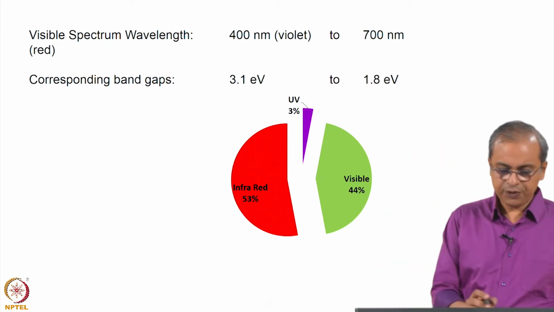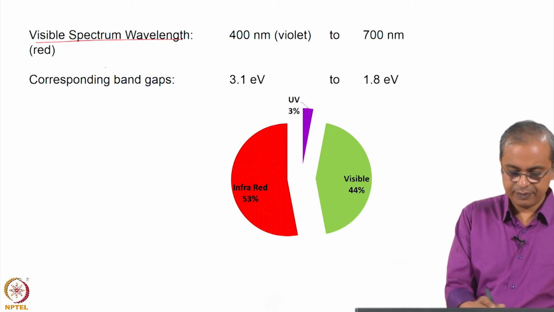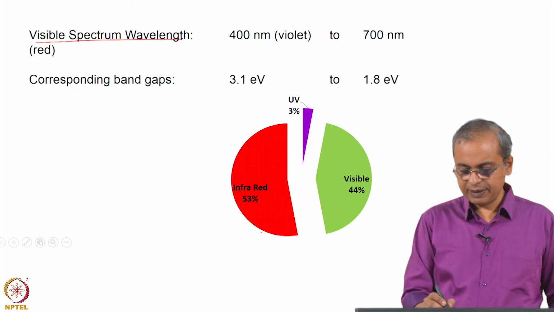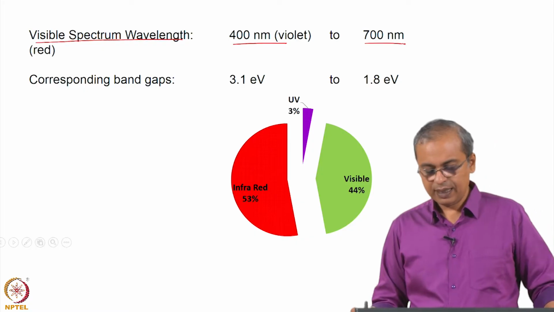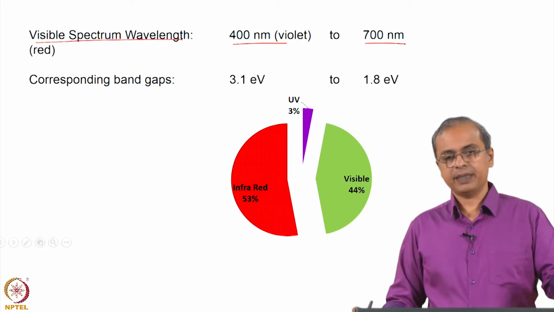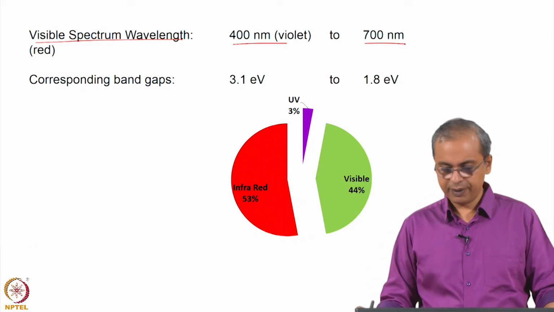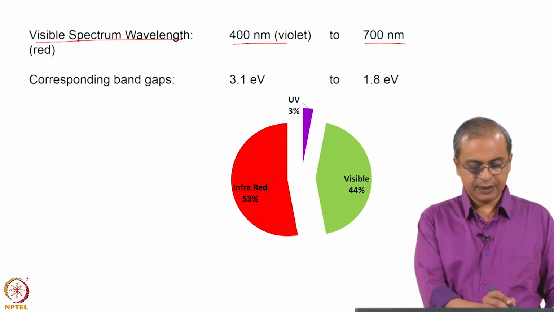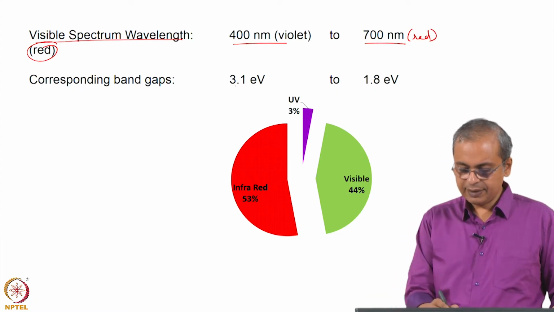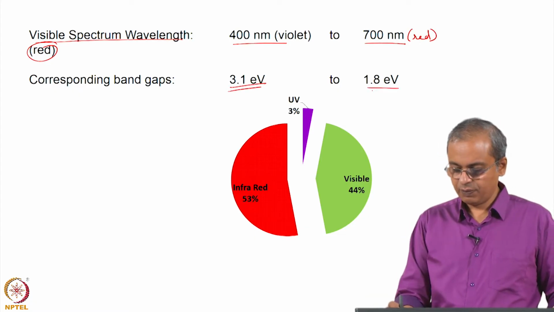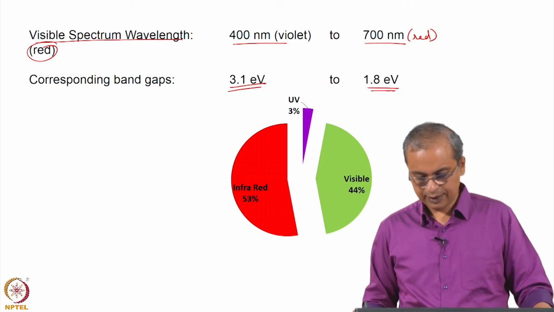Incidentally, it is also useful to know what our visible spectrum is. So, the visible spectrum, as we just discussed, is between 400 nanometers and 700 nanometers, which goes from the violet end of the spectrum to the red end of the spectrum. This is red, and this is the range of band gaps, 1.8 to 3.1 electron volts.